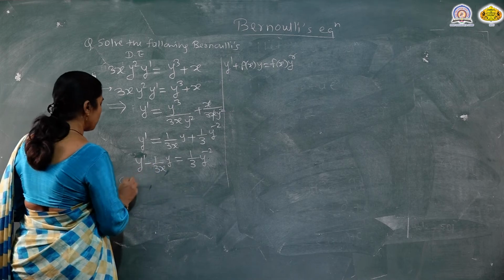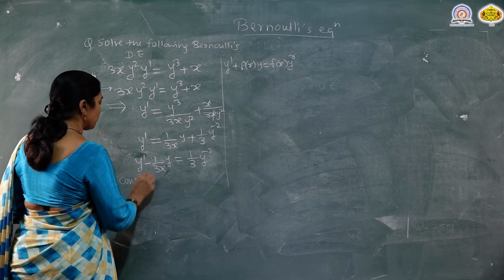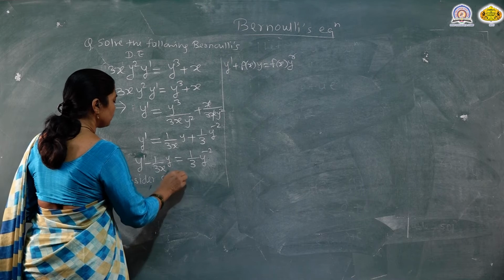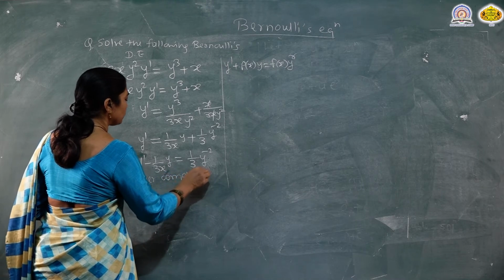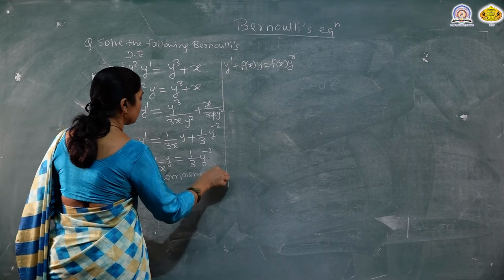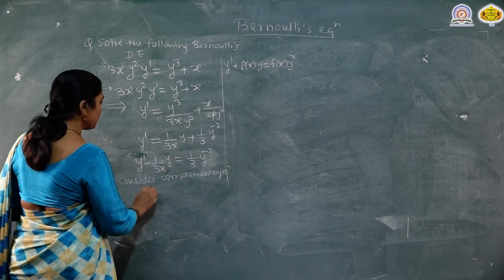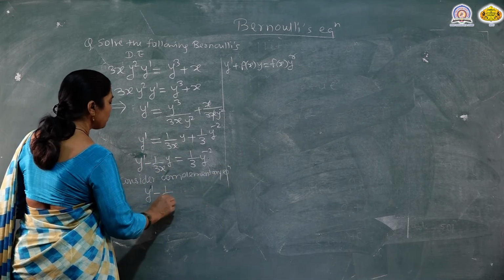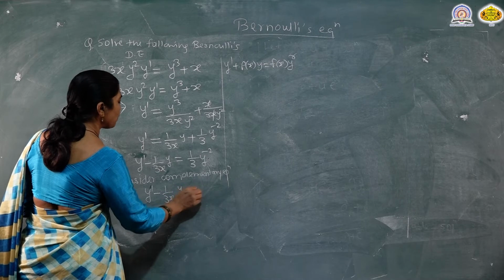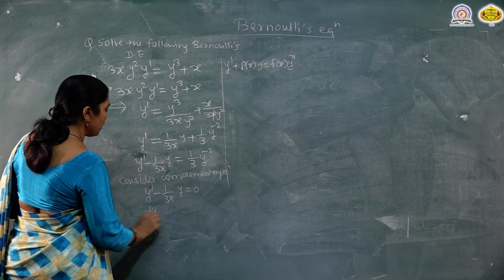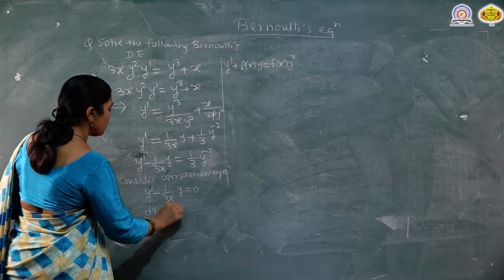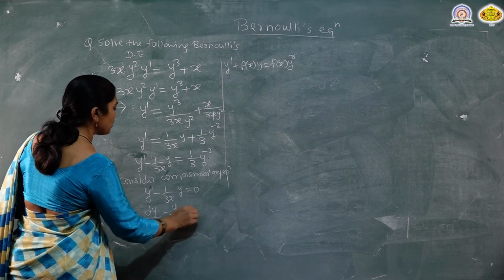So now we consider the complementary equation. The complementary equation is y dash minus 1 upon 3x y is equal to 0. That is dy by dx minus y upon 3x is equal to 0.